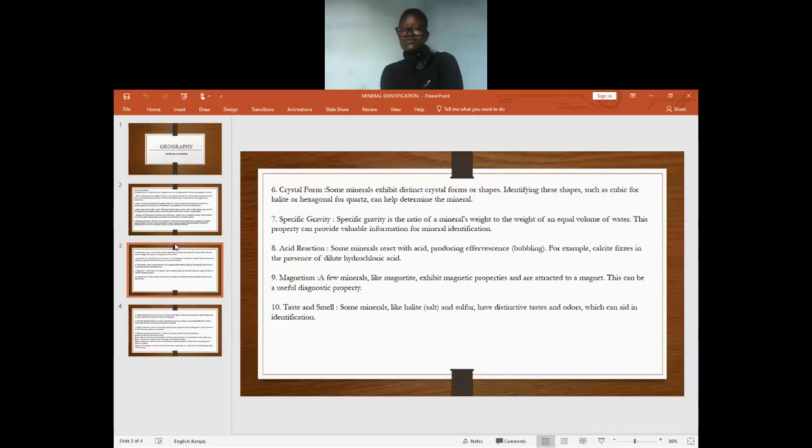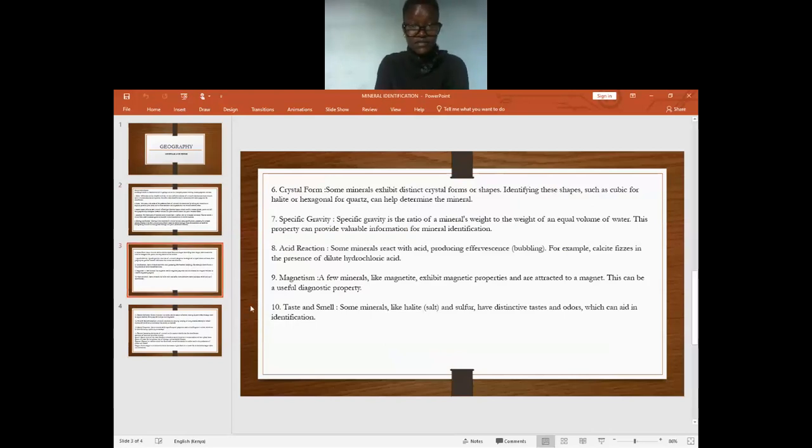This can be a useful test. Let's say you have asbestos, gypsum, and magnetite. If you use a magnet, you'll be able to identify which mineral is magnetite and which one is not.